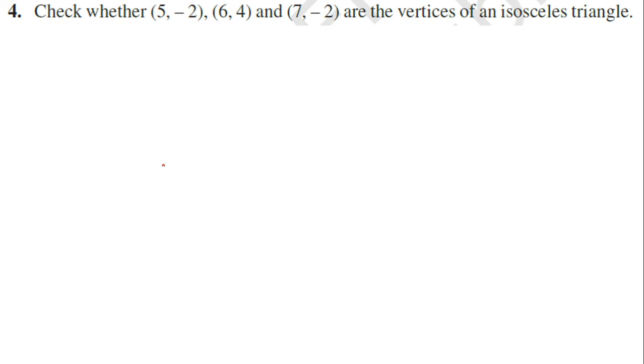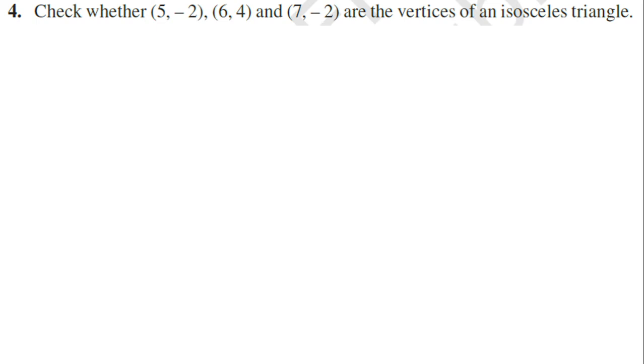Now see here, this is the next, fourth question. Here three vertices are given, and we have to check whether these three vertices are the vertices of an isosceles triangle or not. So let me first clear the concept of an isosceles triangle.